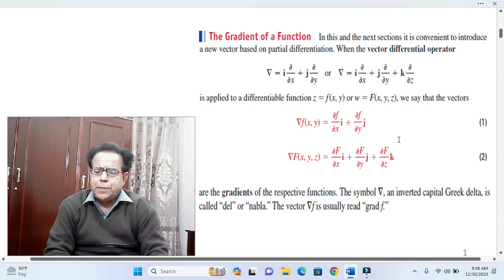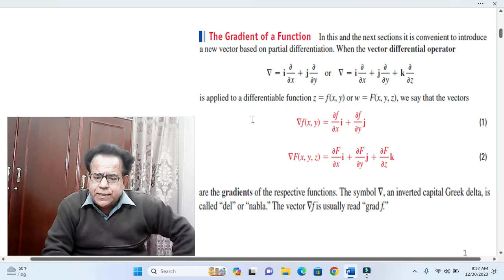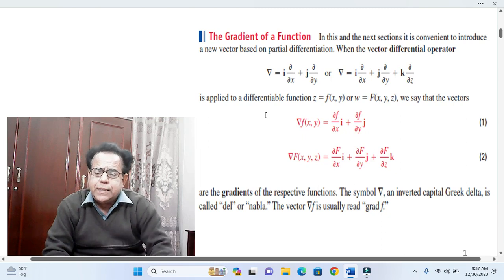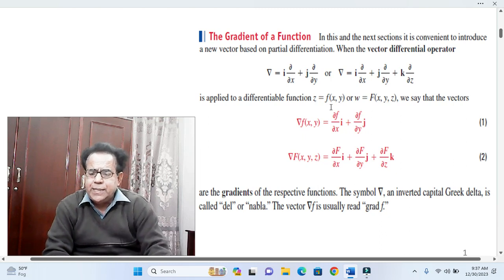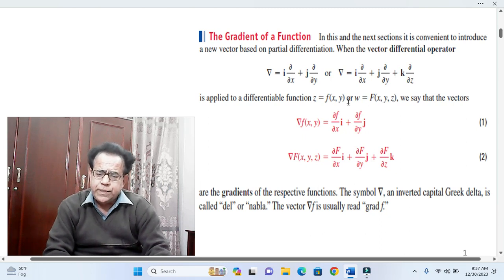What is the difference between these two? One is only to the extent of x and y, while the other also includes the z axis. It is applied to a differentiable function z equal to f(x,y) or w equal to f(x,y,z). This is only to the extent of x and y, while this also includes z.